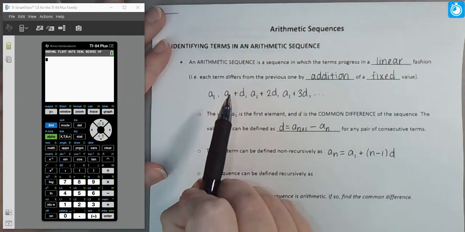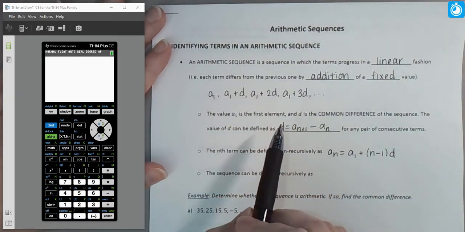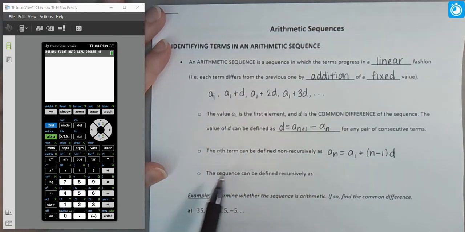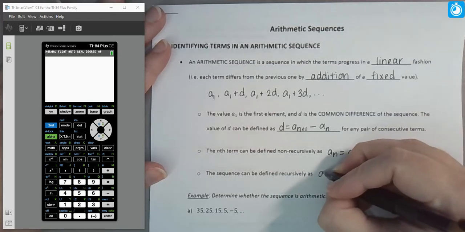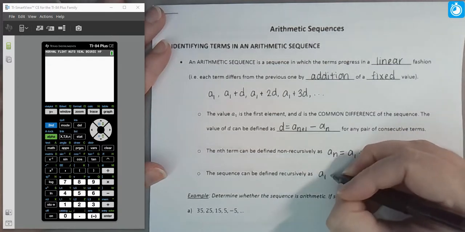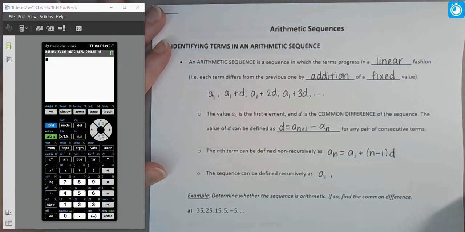Now, because each term in the sequence is also dependent on A1, and then we build from there, we can also define the sequence recursively. So recursively speaking, we have A1 must be given, and then each term after that is defined in terms of the term that preceded it.